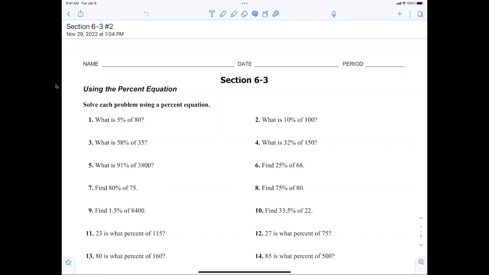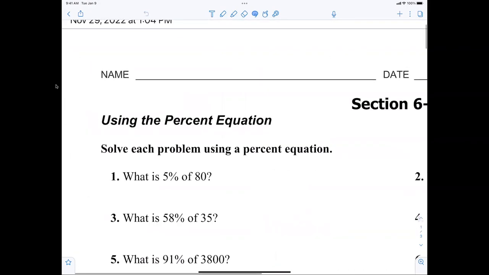The first thing I want everybody to understand is to write at the top the simple translation. What is your unknown? Which means what is generally referred to as X. Is always means what?